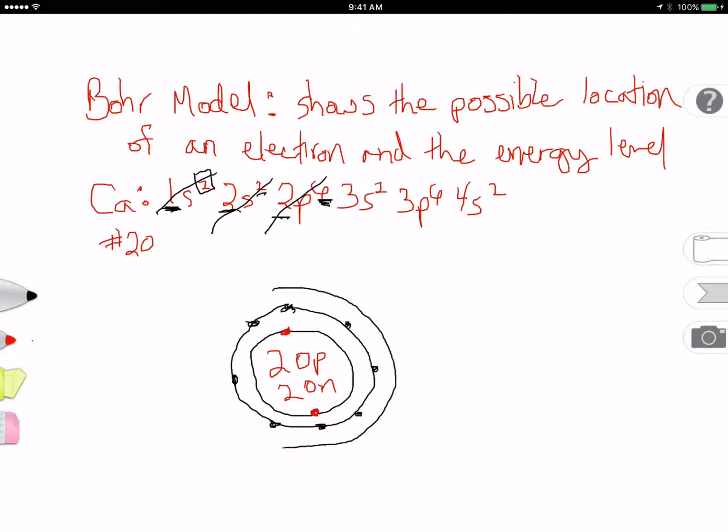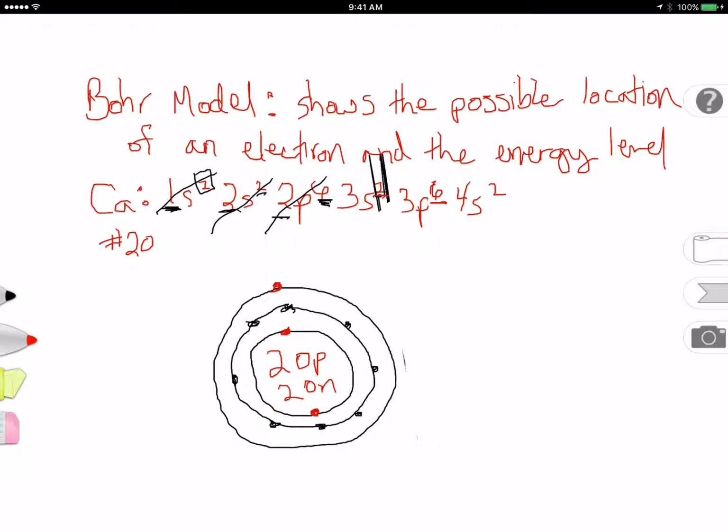Third energy level has 2 electrons. Whoa, not a big black line. I apologize for that. We have 2 electrons and we also have 6. So if I put the 6 back in here, we have 6 and we have 2, and so we have 8.